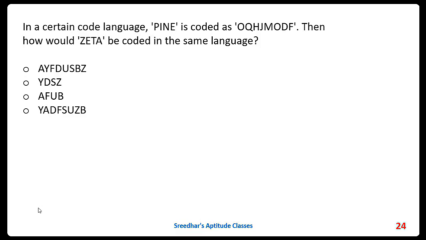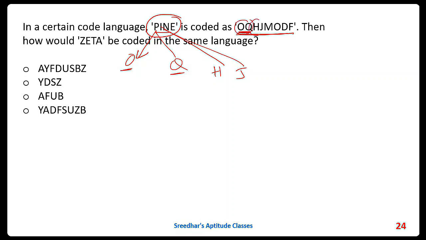By the way, interestingly, fine is a four-letter word, but in the code there are many. P: the letter before P is O, the letter after is Q, so P is coded with a letter before and a letter after. I: before is H, after is J, so I is coded with HJ.